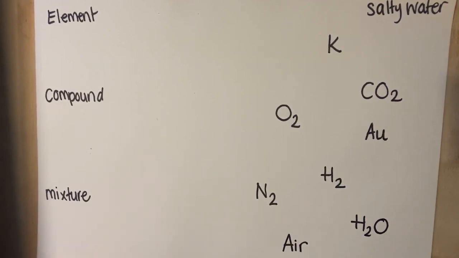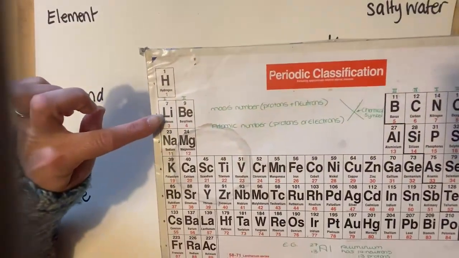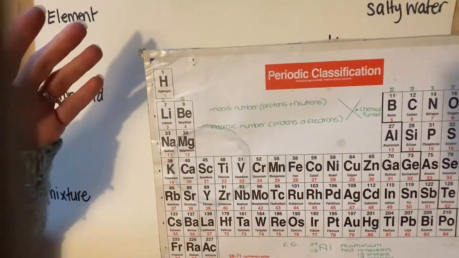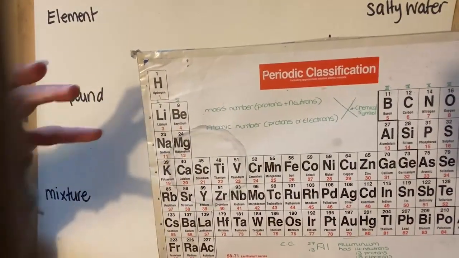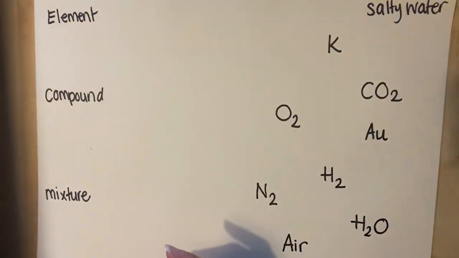So again, on our periodic table, let's say lithium is an element. You put nothing else with lithium, it's an element. And it doesn't matter if there is one atom of lithium or a billion atoms of lithium. As long as they are all the same, then it is classed as an element.